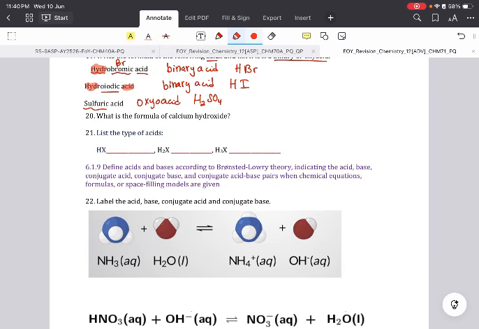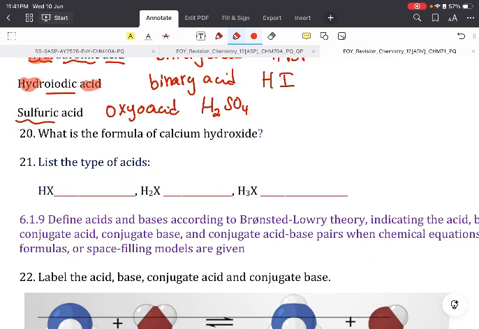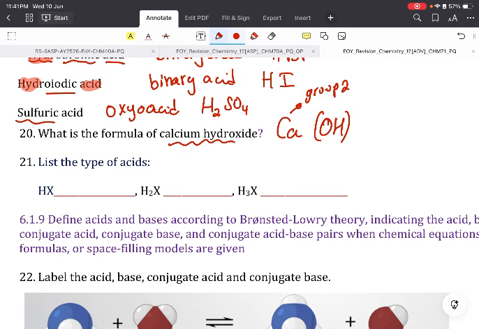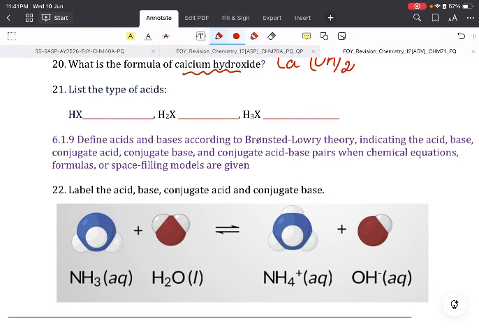So in case you get a question to name a base, you will know the formula or the name of that base. What is the formula of calcium hydroxide? That is calcium, and hydroxide is OH. Now, because calcium belongs to group 2, you're gonna have 2 hydroxides in its formula.